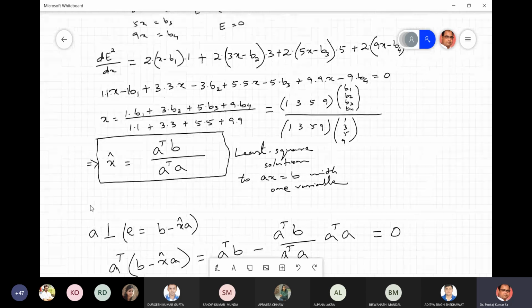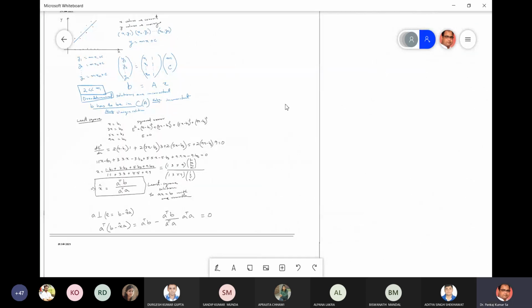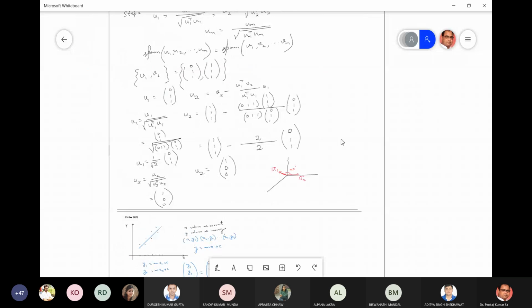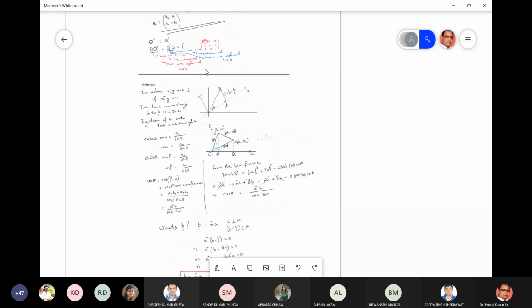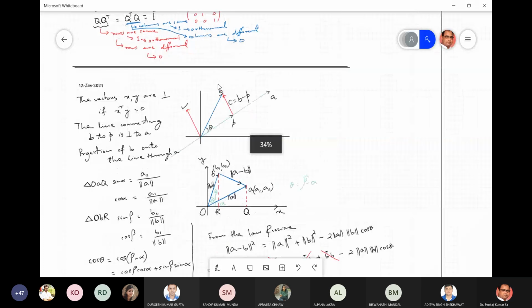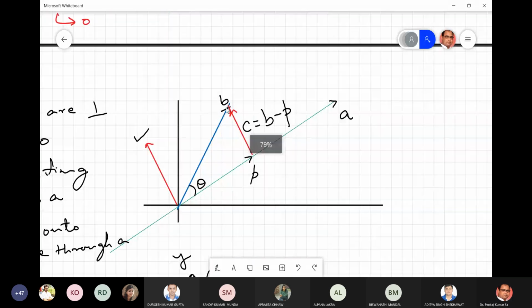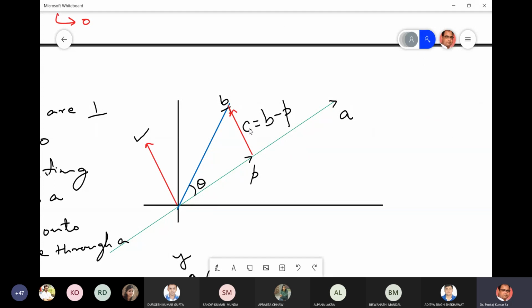And in this regard, if I go back to the projection of B onto A, this is the error term, here I have written e is equal to B minus P, and this is exactly what we have done there. So whenever there is an error term, this perpendicular distance, this error term has to be minimized. That is what the whole concept is about.